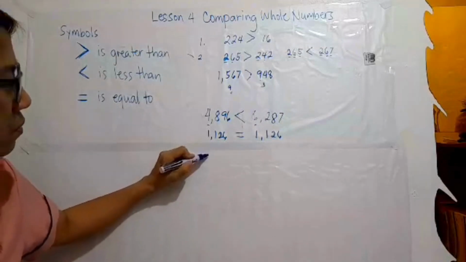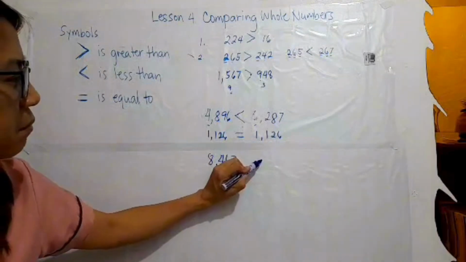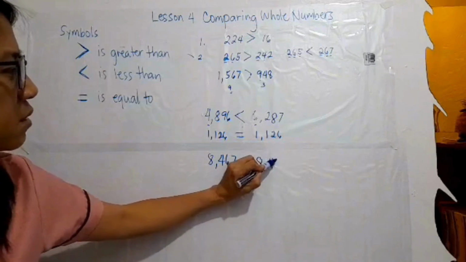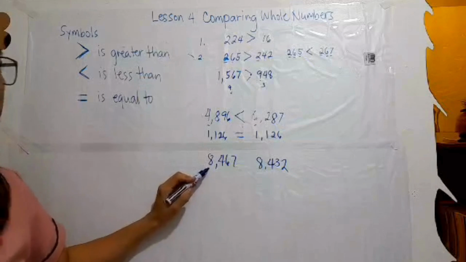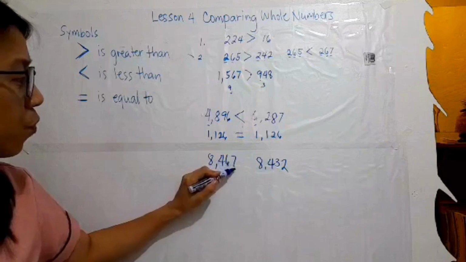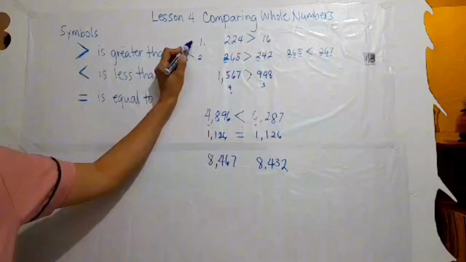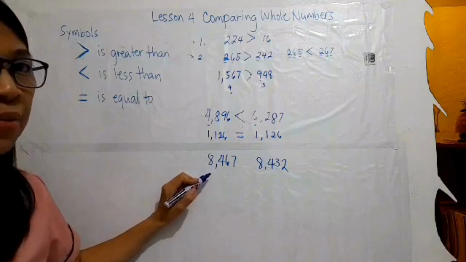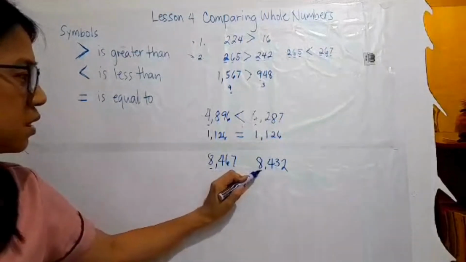Another example, 8,467 and 8,432. Let us apply the first rule, which is to count the number of digits on both sides. So we have 1, 2, 3, 4, and we also have 1, 2, 3, 4. Therefore, we cannot apply rule number 1. So we go to rule number 2, which is to start comparing numbers starting from the leftmost digit, which is 8 and 8.